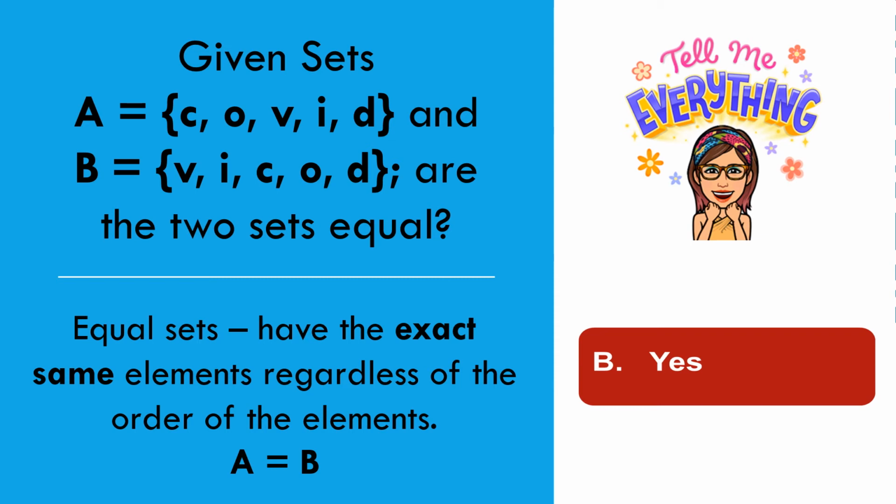So this is the notation A equals B. It means the two sets are equal.